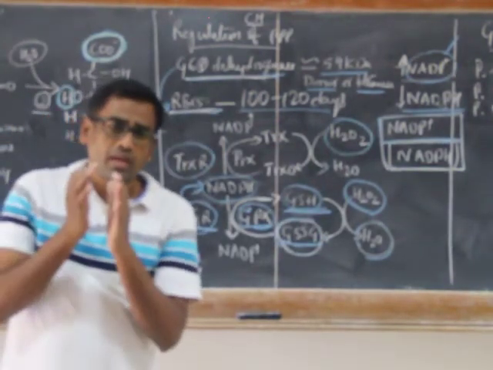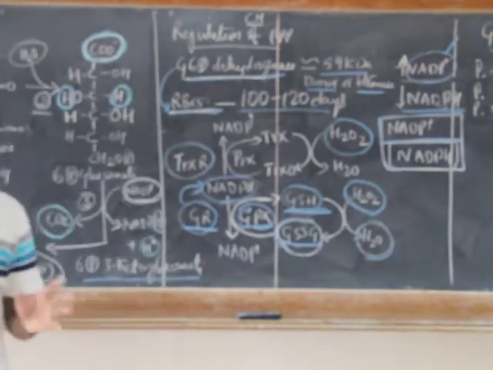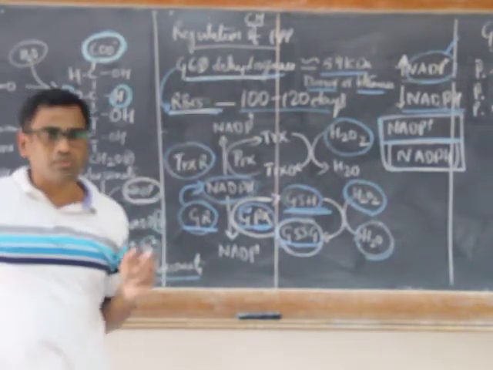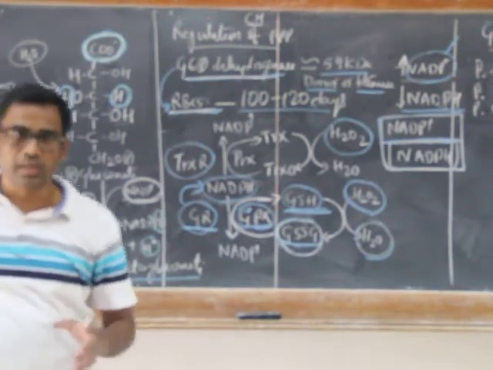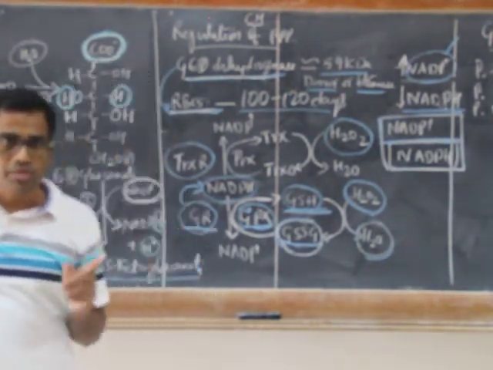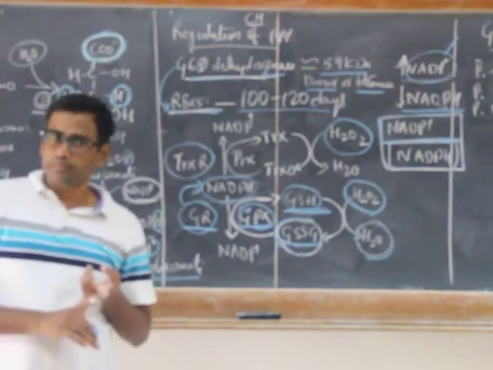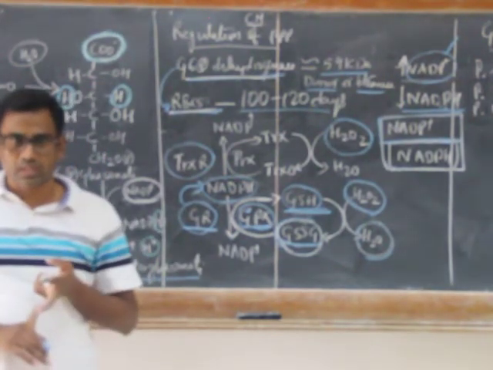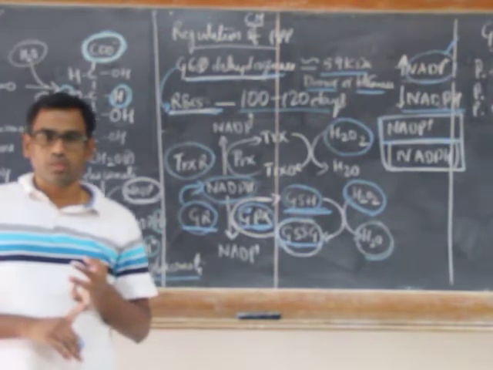So you may think, why is glucose 6-phosphate dehydrogenase or the pentose phosphate pathway so important in RBCs? Because you know that mature RBCs don't have mitochondria, they don't have a nucleus, they don't have ribosomes.